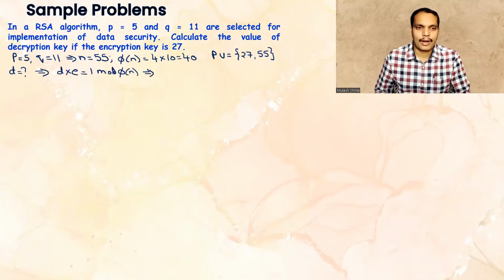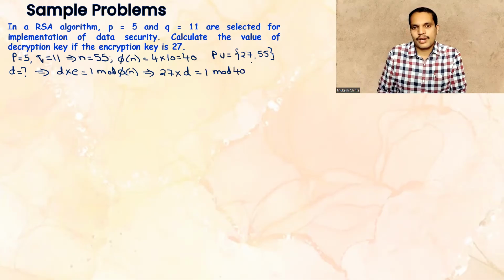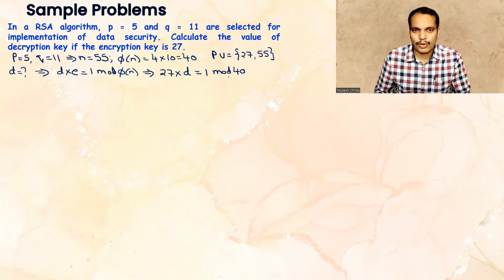So if you put the right parameters, what is E here? 27 into D is equal to 1 mod 40. Similarly, as I told you earlier, what are all the possible values to get 1 mod 40? 41, 81. I think I need not look further, isn't it?